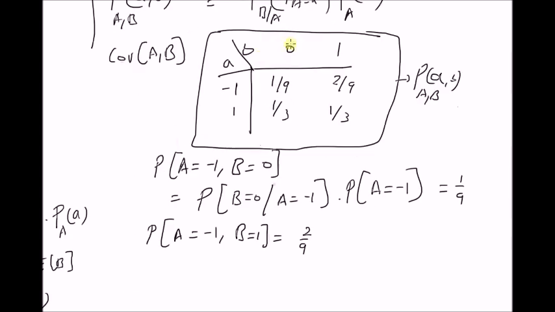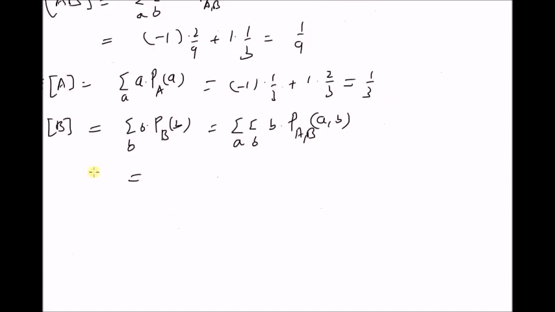For B equal to 0, the products will be 0. For B equal to 1, the products are 1 times 2/9, for A equal to -1, plus 1 times 1/3, for A equal to +1.